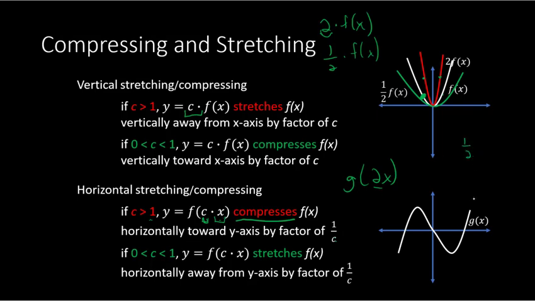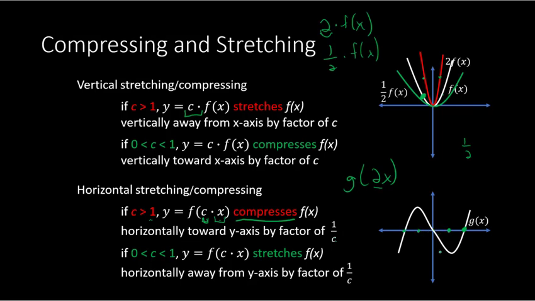So whatever x value you had, let's say this x value were a 4, you have to take half of that. That's the factor here that you're compressing by. Half of 4 is 2, so it's going to go right here. So that point is being squished over here. Same thing for this point, squish it in by half right here.